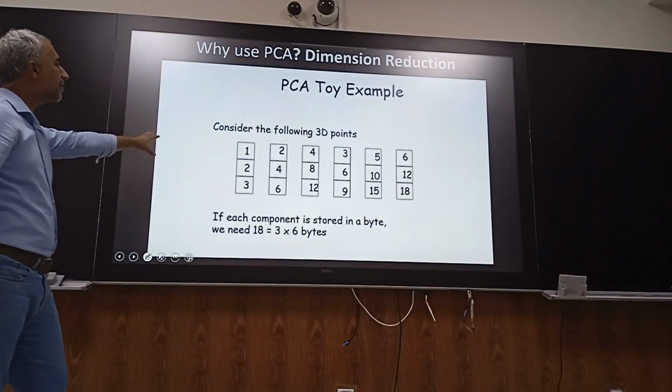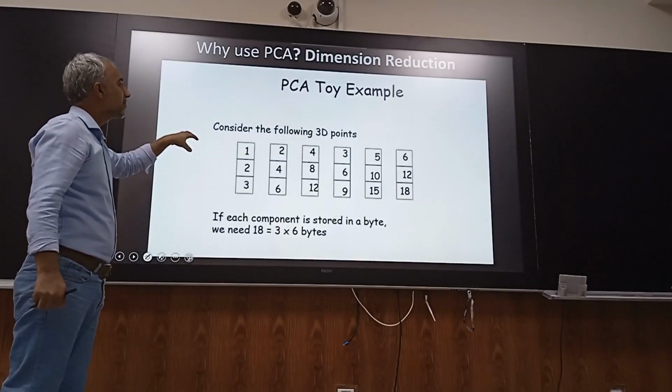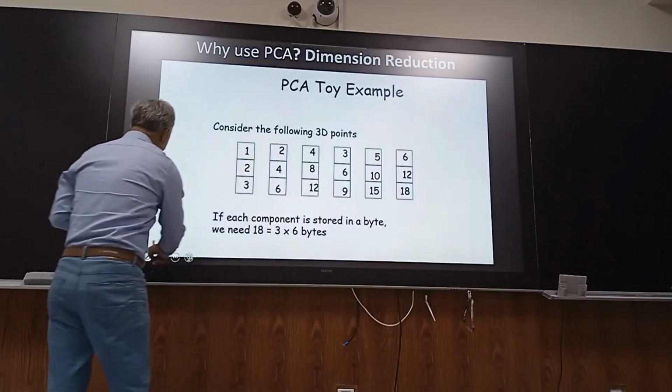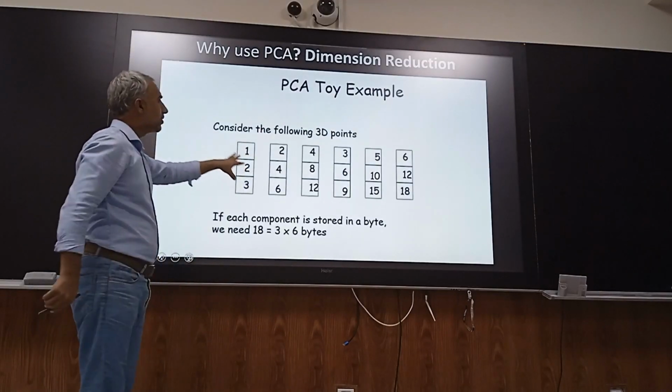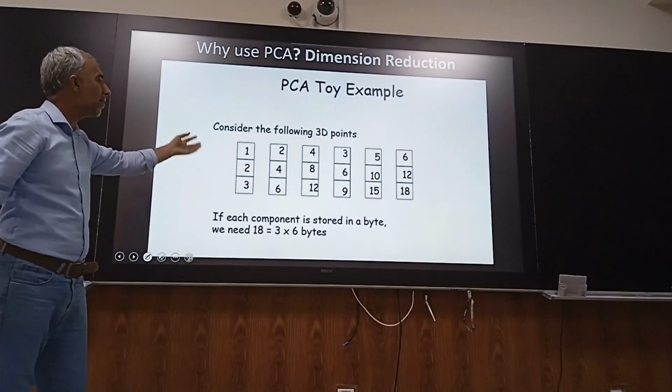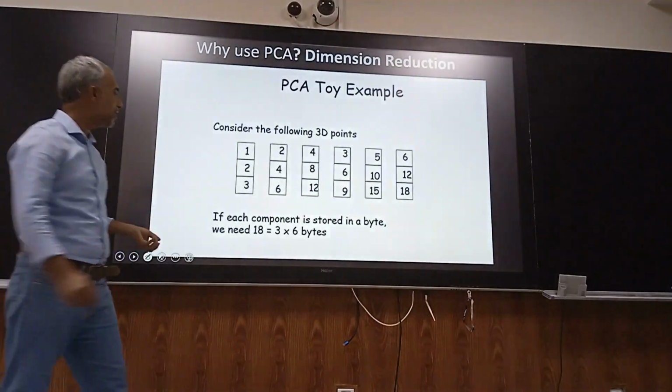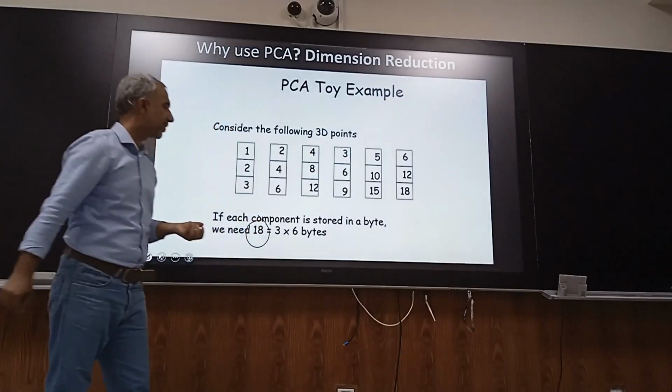Let's give an example. For example, there are 6 points in 3D formation. If we want to store these 6 points in a computing system, we need 18 bytes.